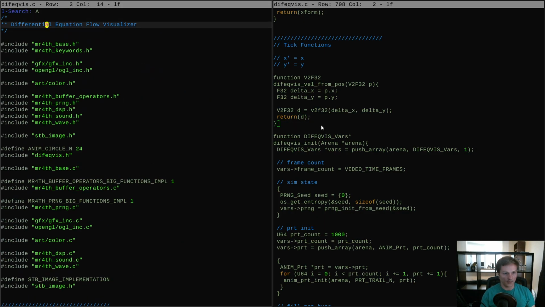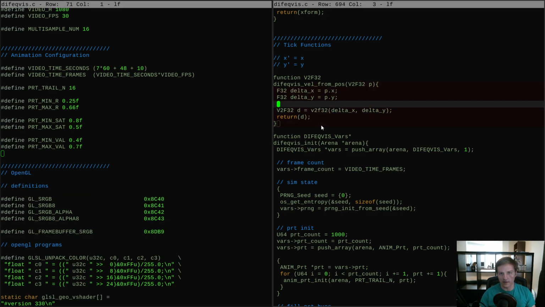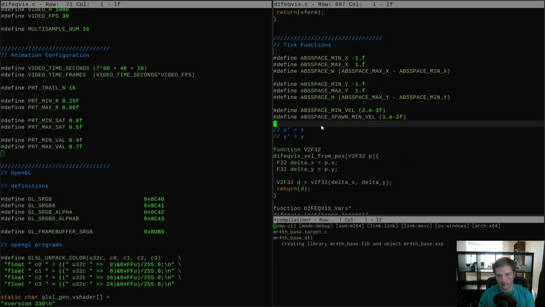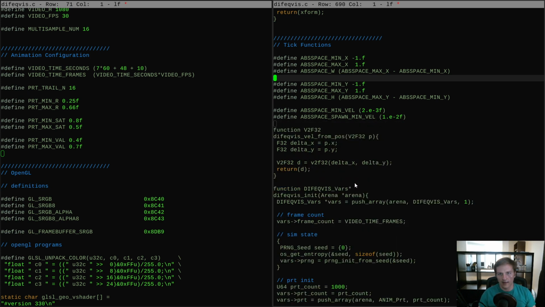Let's look at abs. I kind of want to put, I don't know if this will work, but I'm going to try it, all of these right here because they relate so closely to the equation itself. Okay.